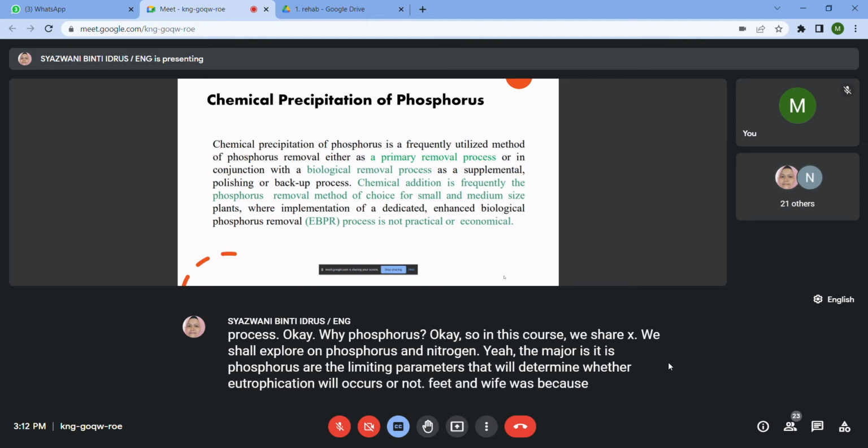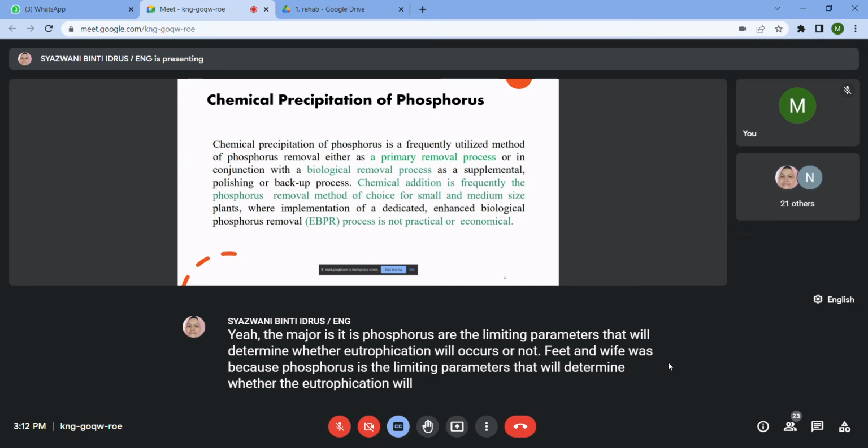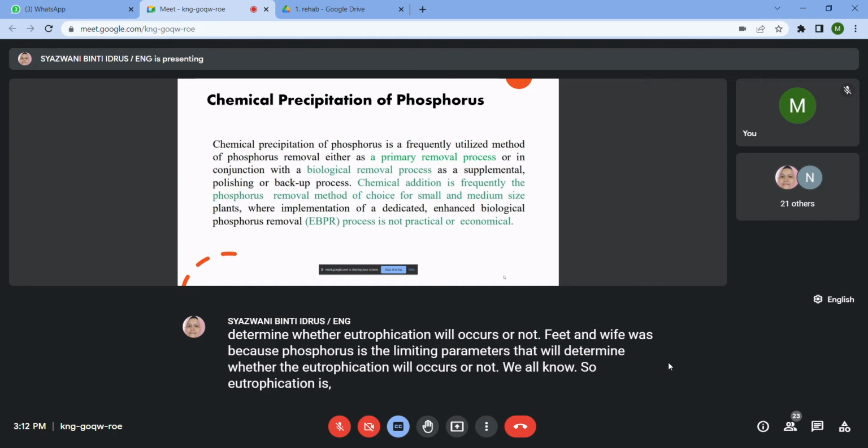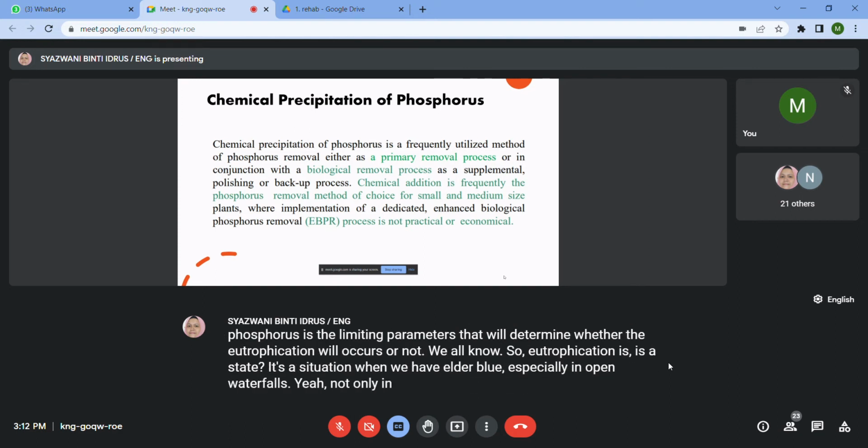Because phosphorus is the limiting parameter that determines whether eutrophication will occur. We all know eutrophication is a situation when we have algal bloom, especially in open water bodies. Not only in open water bodies, it can also happen in a water tank.